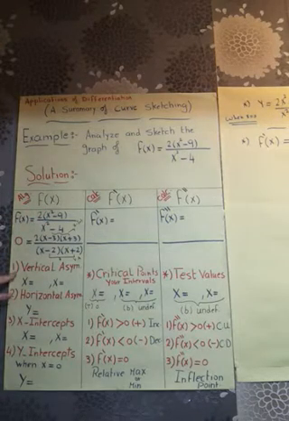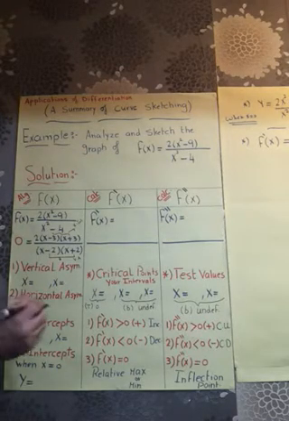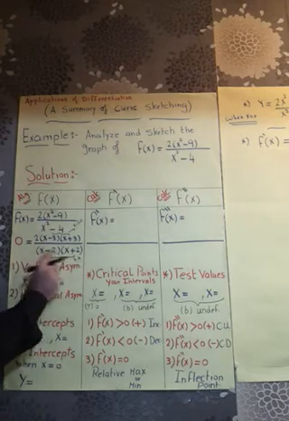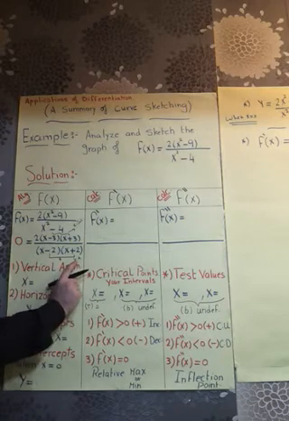We can determine the vertical asymptotes from the bottom of f(x). The zeros of the bottom are going to be the vertical asymptotes.